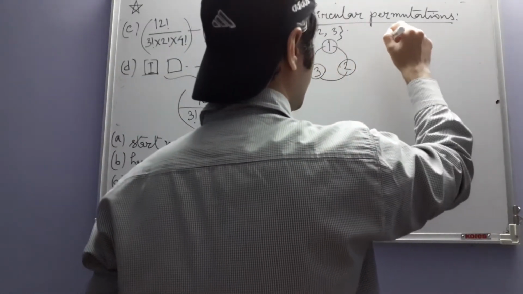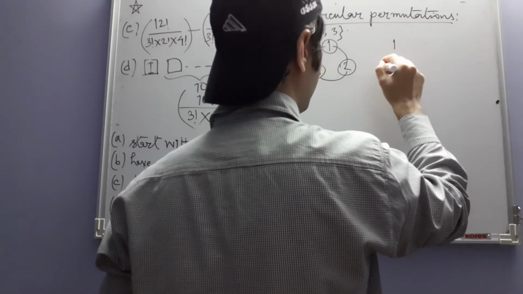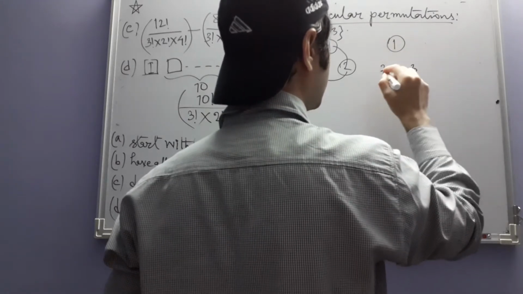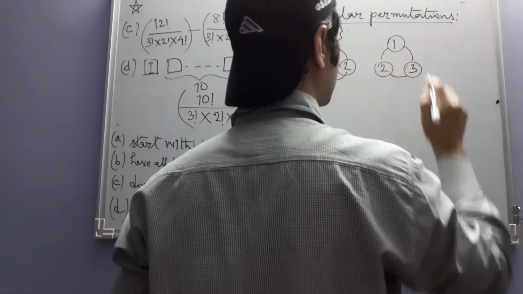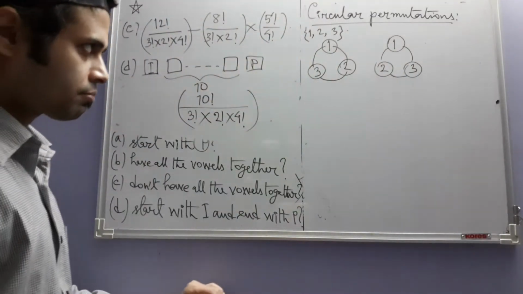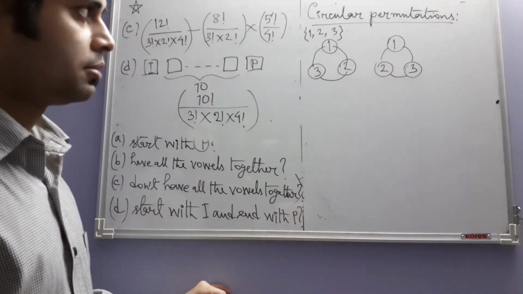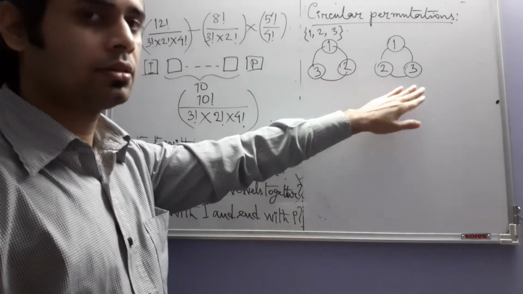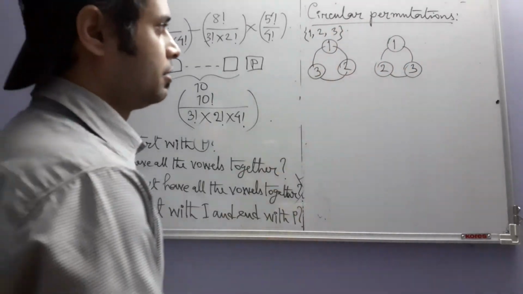You see, these are called cyclic permutations, simply because the objects are appearing as a cycle in a cyclic pattern.